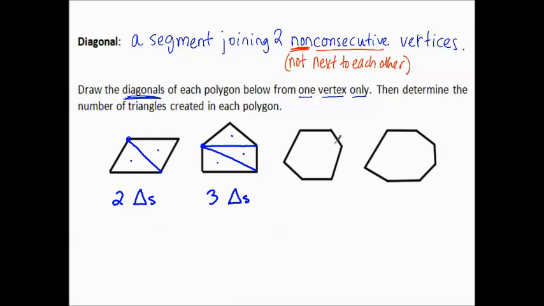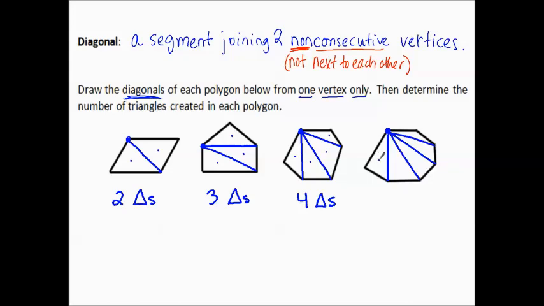Let's go ahead and look at the next polygon. Pick a vertex. Trace a diagonal. I can trace a second diagonal. I can trace a third diagonal. How many triangles can I make here? 1, 2, 3, 4 triangles. And finally, the last example, pick a vertex, draw a diagonal, diagonal, diagonal, diagonal.